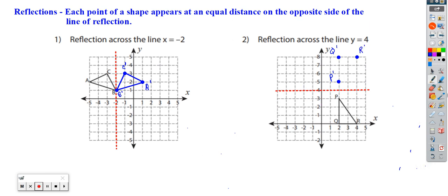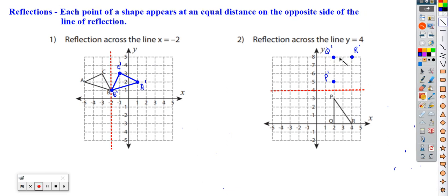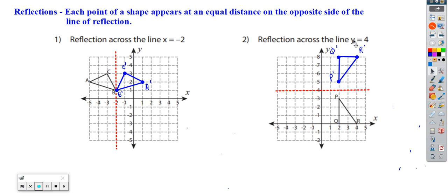Now all I need to do is connect my points with a nice straight line. And there is my reflected figure. You can see that it is an equal distance opposite my line of reflection.